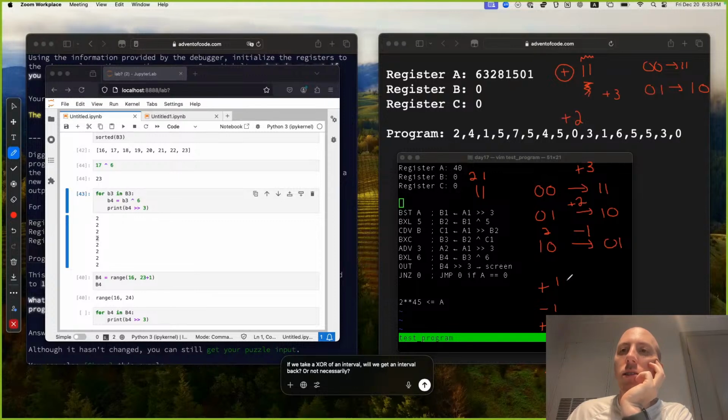Is that right? Let's look at each of these individually. So +1, how would we do that? If we gain this bit. If we just gain 1, 0, 0 would give us no. Okay, so this is how we can't.